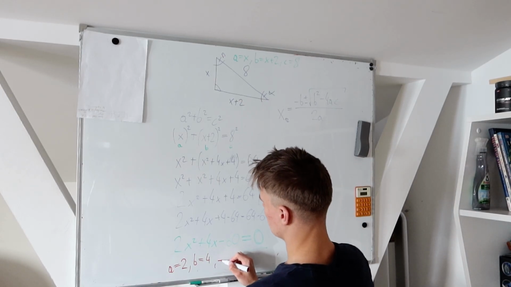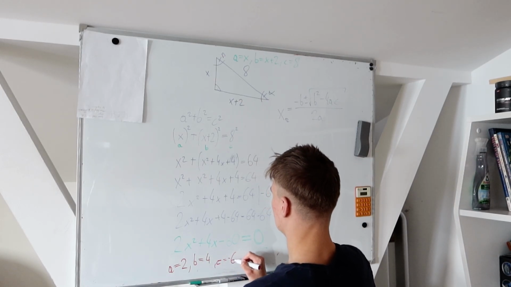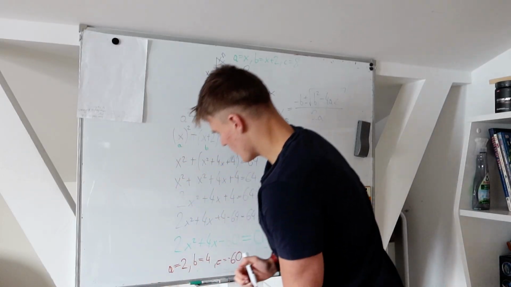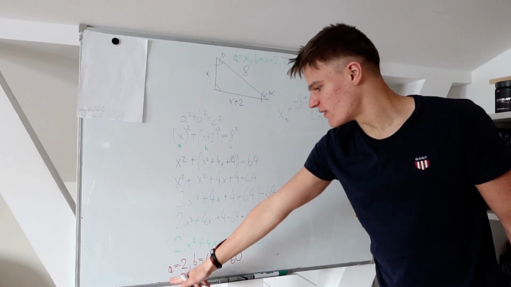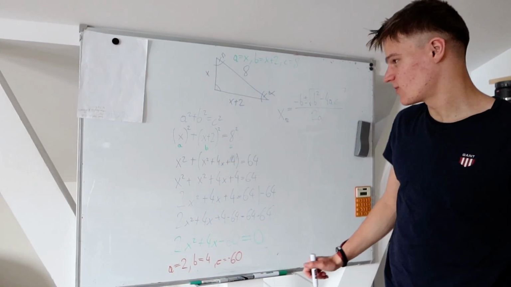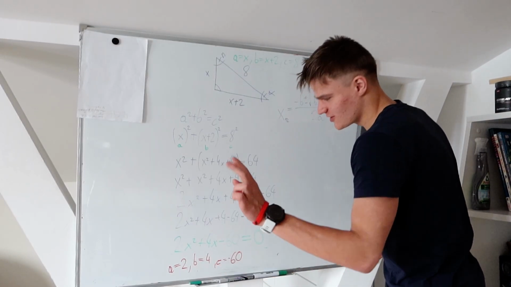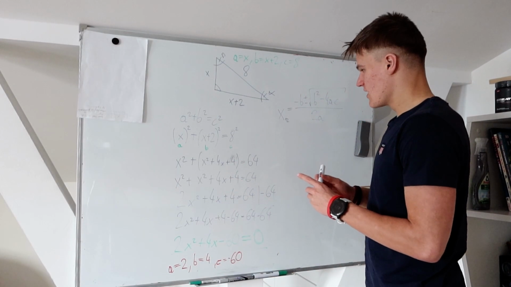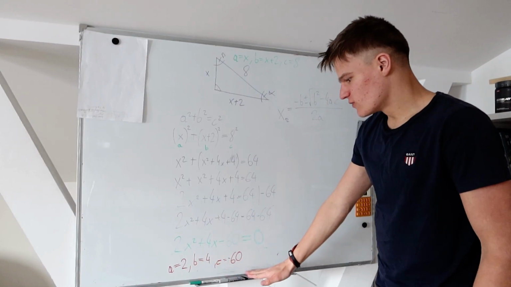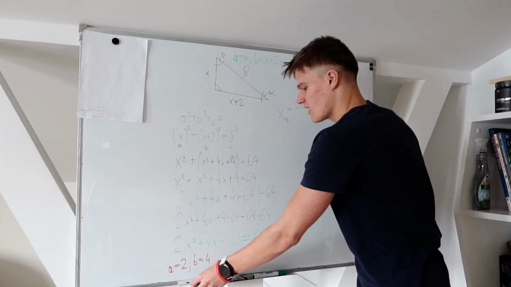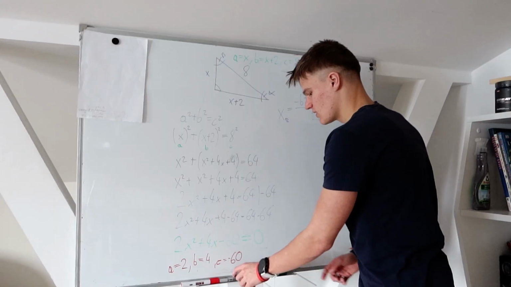So that's just equal to negative 60. Great. I don't have to write 0 here because I'm just defining something, right? This is not an equation. Good. So we have all these three new variables, and yeah, let's just go ahead and plug that in.